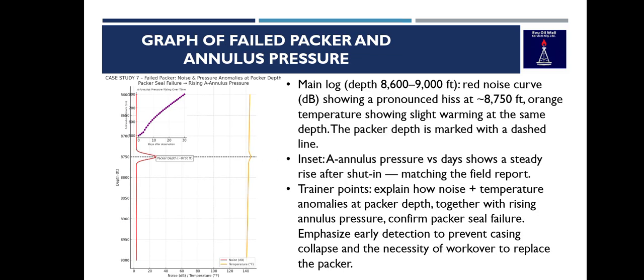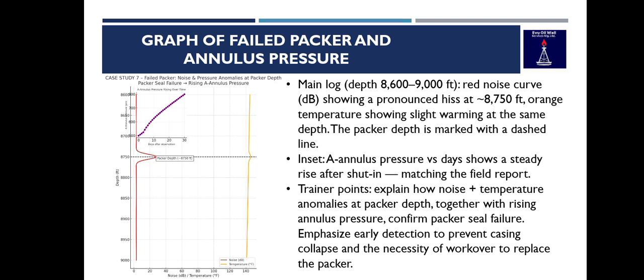Graph of the failed packer and annulus pressure. Like I said, early detection prevents casing collapse and reduces workover cost. The main log, depth from 8,600 to 9,000 feet.